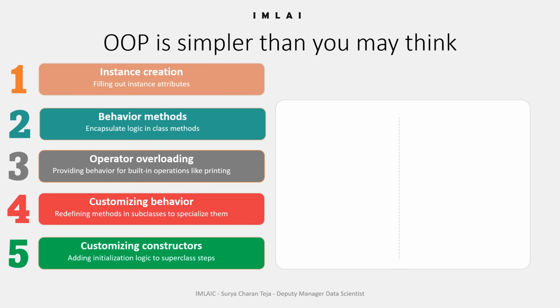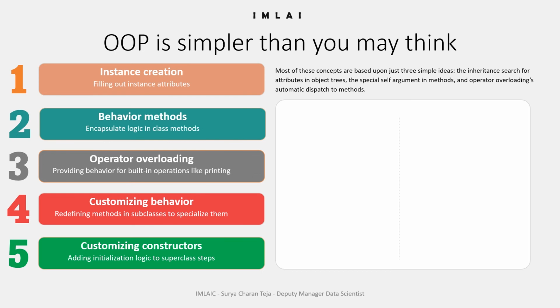So most of these concepts are based upon just three simple ideas: the inheritance search for attributes in object trees, the special self argument in methods, and operator overloading, automatic dispatch to methods. So based on these three ideas, all of these concepts work.